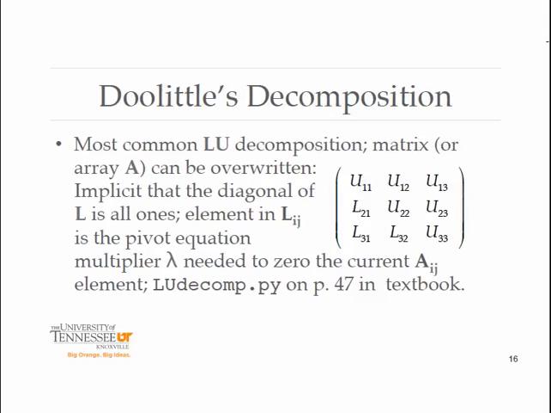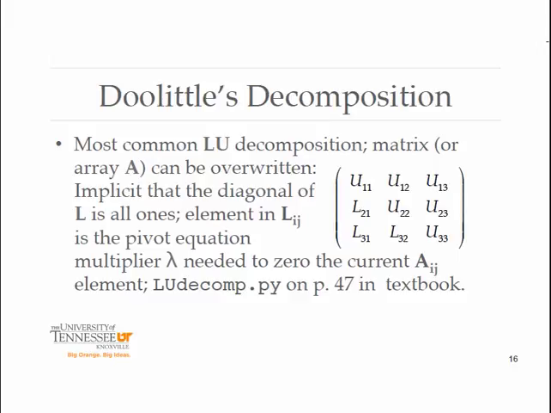One reason why Doolittle's decomposition is commonly used is because we can exploit the fact that the diagonal elements, in this case of the L being all 1, in terms of the storage of the decomposition.